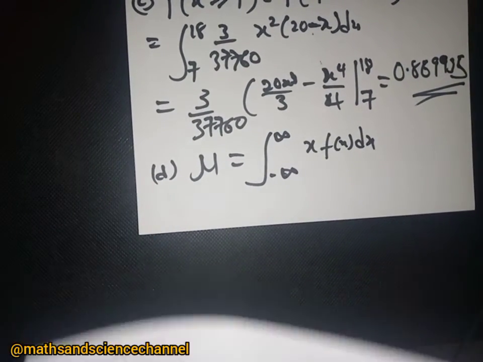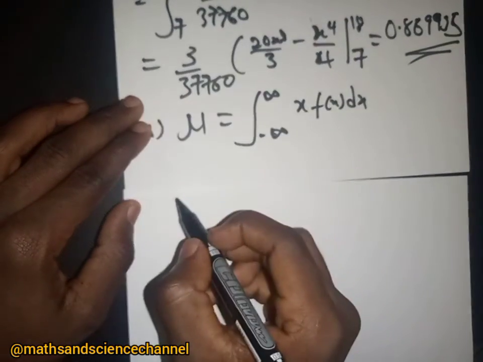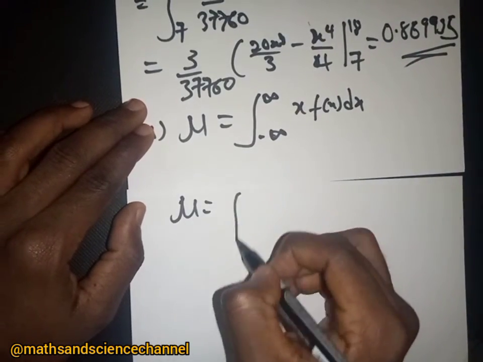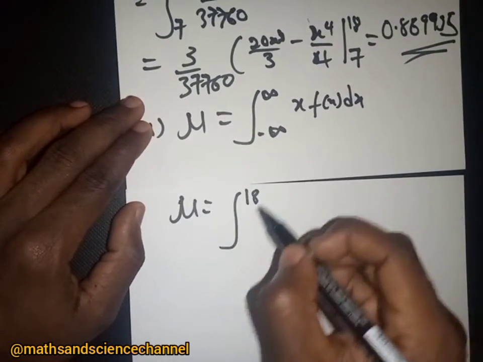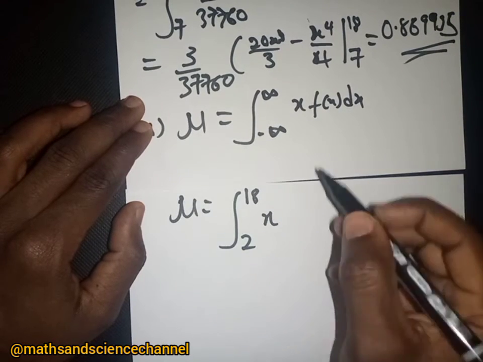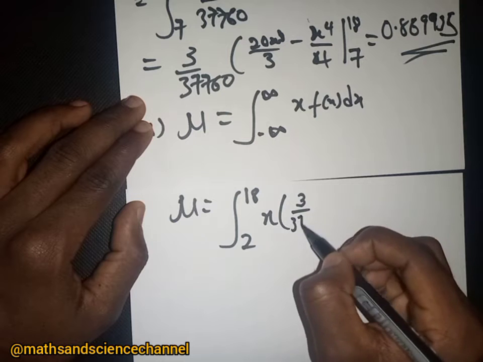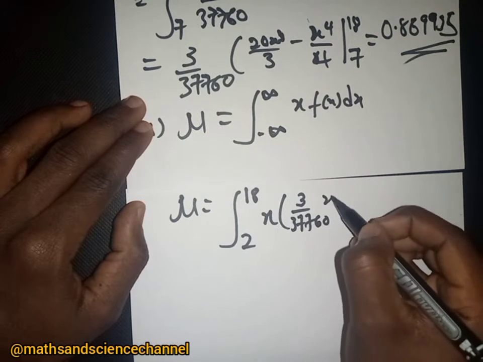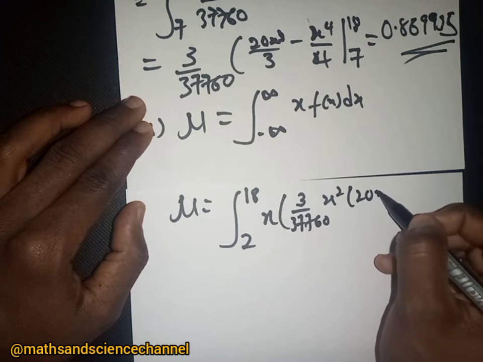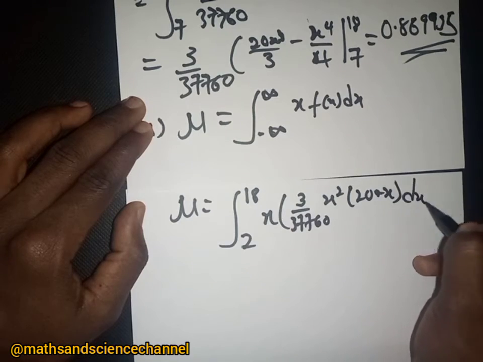So in this case we have mu equal to the integral from 18 to 2 of x multiplied by the function, and the function is given by 3 over 37,760 x squared, then 20 minus x, dx.